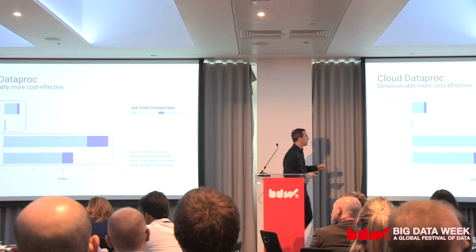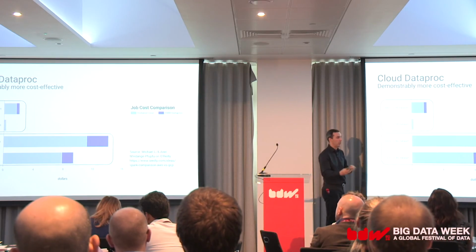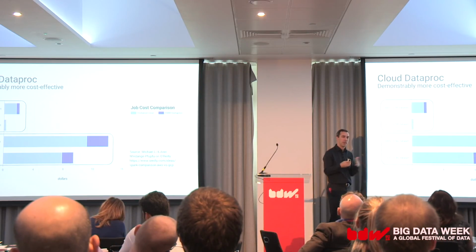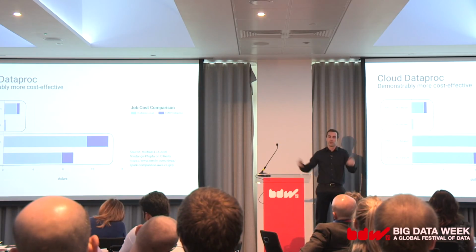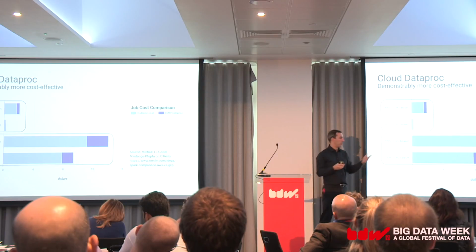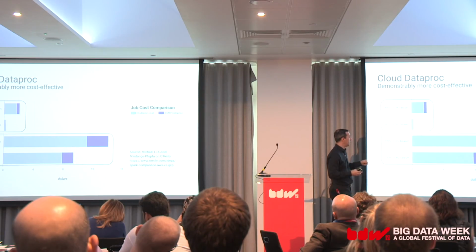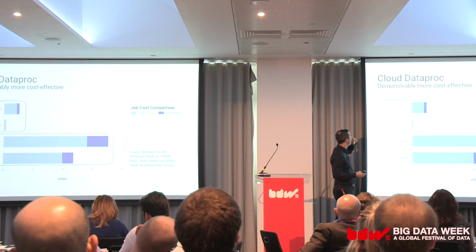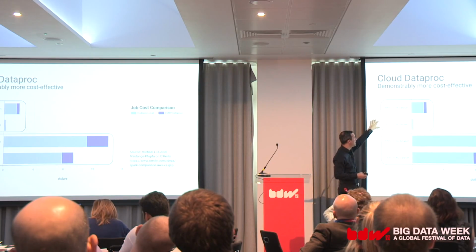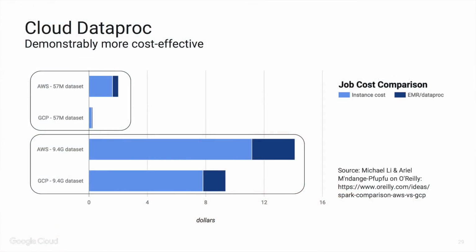And so to illustrate the value of this very dynamic model of using Hadoop and Spark, which is very different from the traditional on-prem model of having a long-lived cluster, some people at O'Reilly actually did a comparison. So that's not ours, that's from O'Reilly. I think the URL is there. And so they ran two jobs, a relatively small one, comparing EMR on Amazon to DataProc on Google.